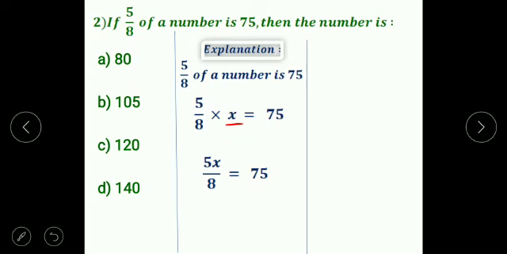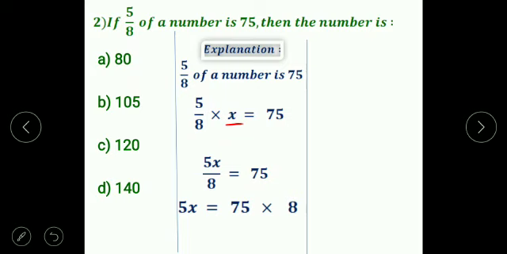Now we have to shift this 8 to the right hand side. What is the middle symbol between 5x and 8? That is division. When we shift this 8 to the right hand side, we have to put the multiplication sign, that means we change the sign. So the next step is 5x is equal to 75 into 8.